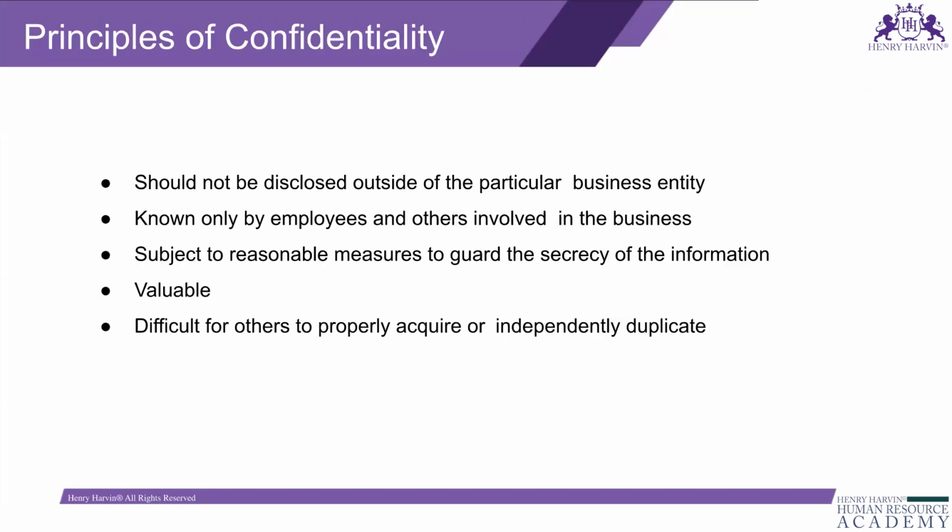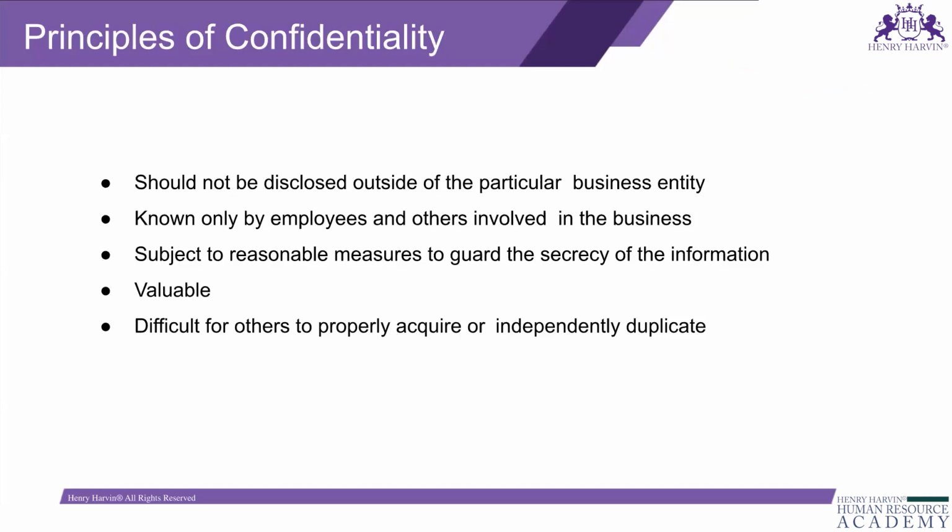Next is principles of confidentiality. It should not be disclosed outside of the particular business entity, known only by employees and others involved in the business, subject to reasonable measures to guard the secrecy of the information, valuable, difficult for others to properly acquire or independently duplicate.